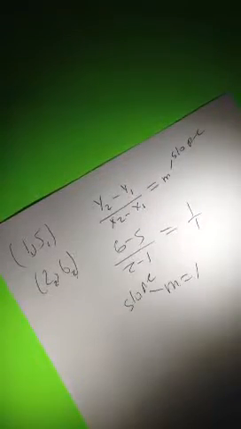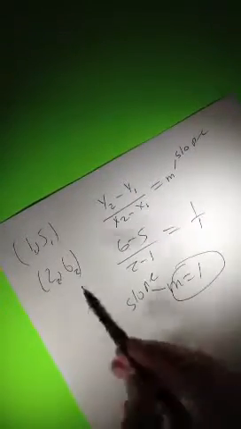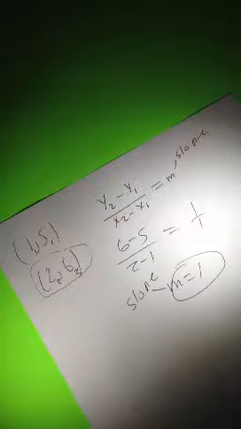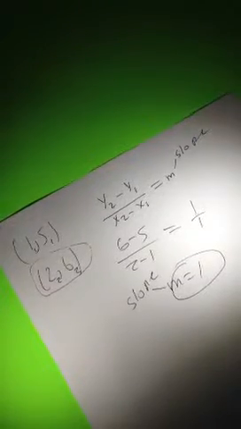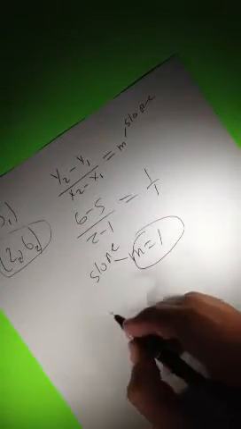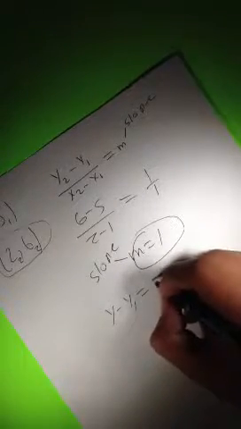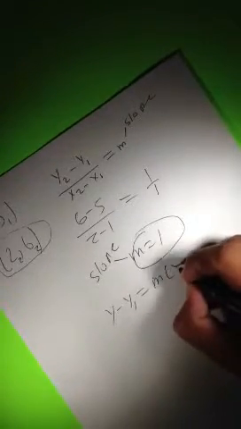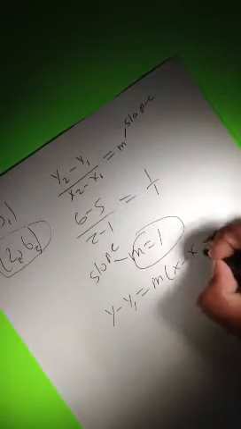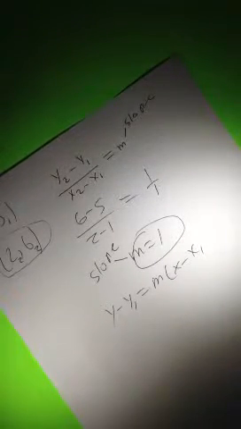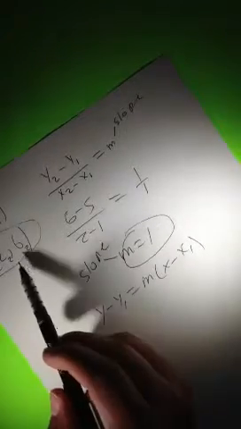So with the slope and 1 point, I could find the y-intercept of the line by using this equation: y minus y1 equals m times x minus x1. To do this, I will input this point and this slope.